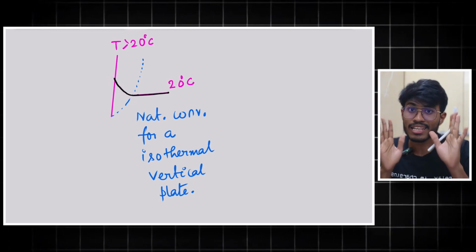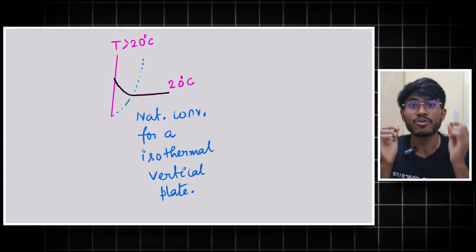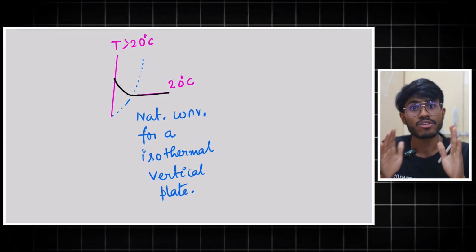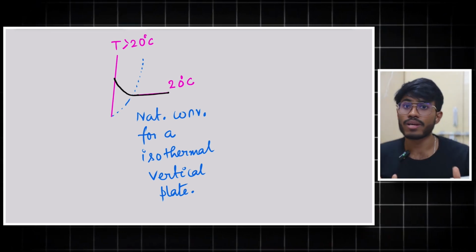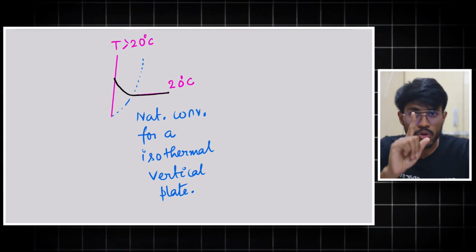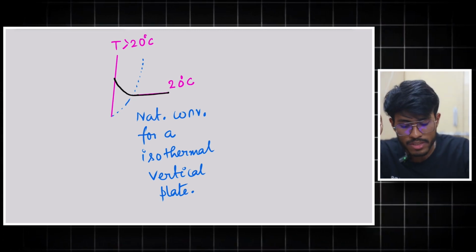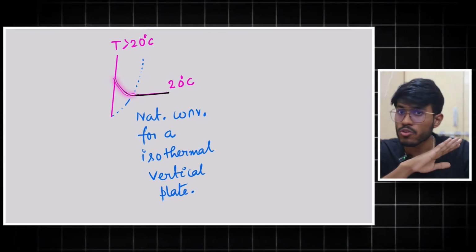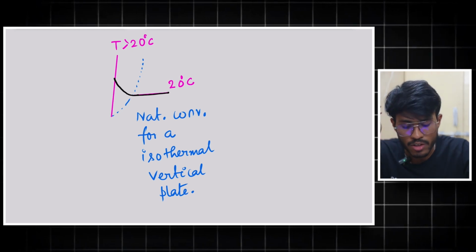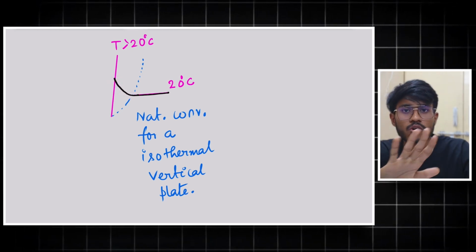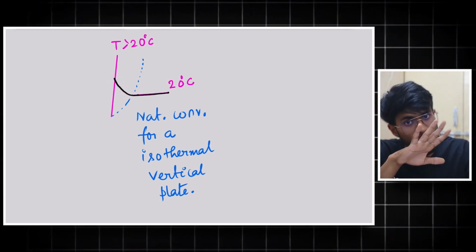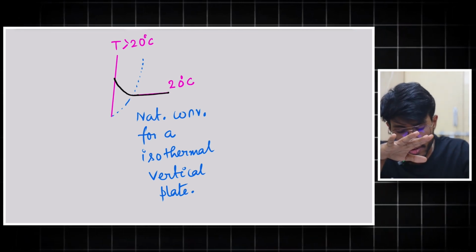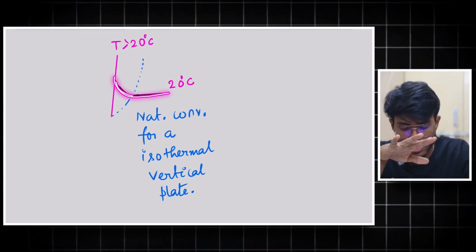The moment you say that it is a straight line, that means you are sure that it will be a straight line with constant slope. Then you have to explain it. But do you know for sure that it will be a straight line? No. Better you draw it as a curve. Obviously, you don't know the exact equation of this curve also, but for sure it will not be a straight line. And also for sure, here it will be a smooth curve like this.